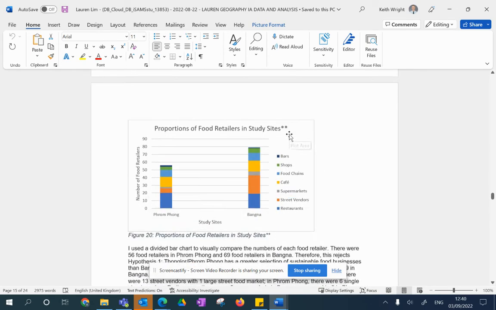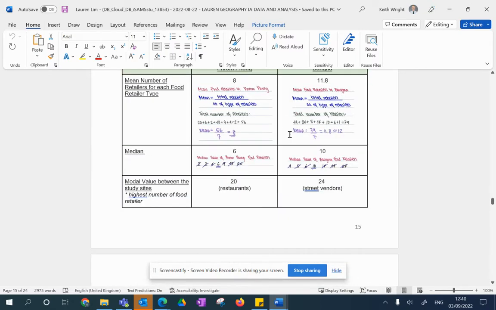Yes, some description of this data is required.